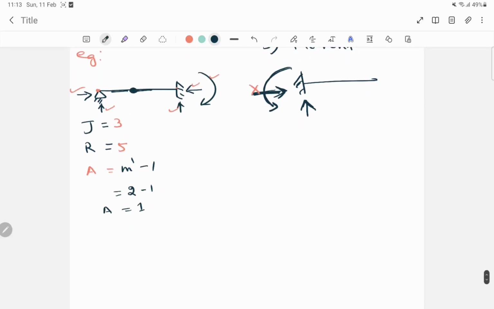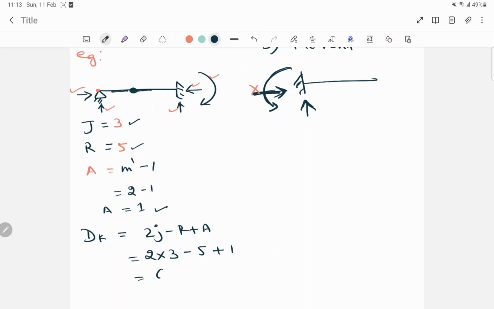So here we have the values of j, r as well as a. Now we have to put all the values in this formula, that is 2j minus r plus a. So 2 into j, which is 3, minus r, which is 5, plus 1.